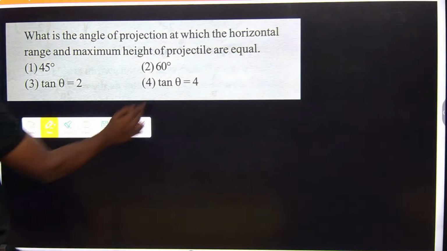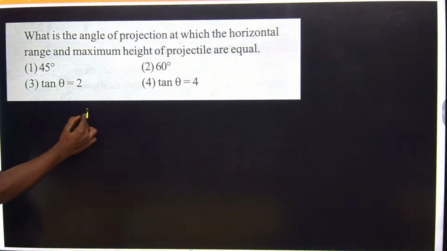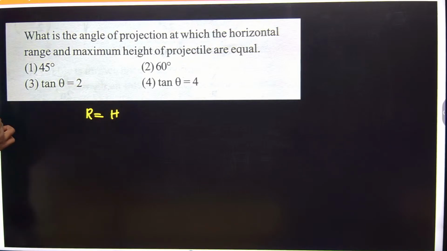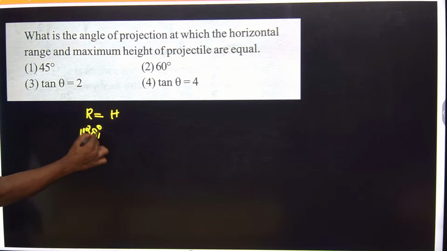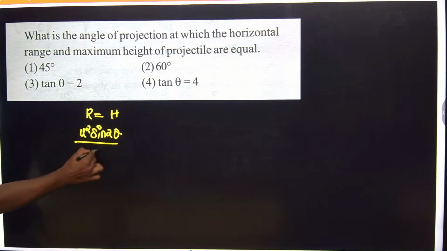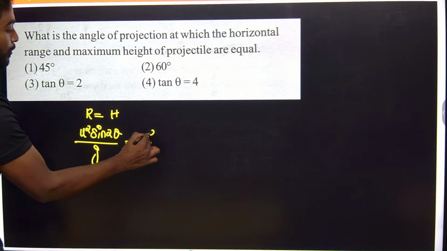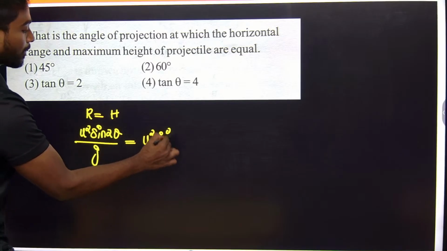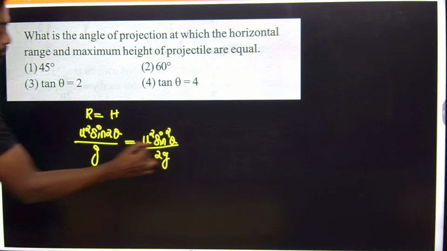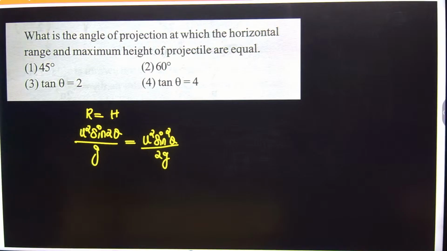So range is equals to height, they have given. What is range? u square sin 2 theta by g, and height is u square sin square theta by 2g. What are they asking? Angle. I need only the angle theta. So u square cancels off, g and g cancel off.